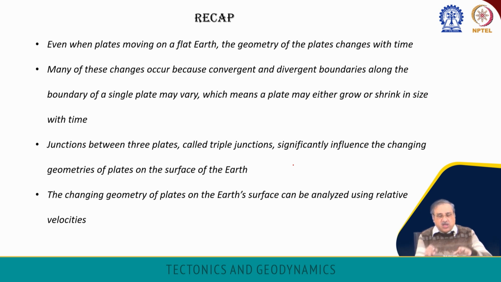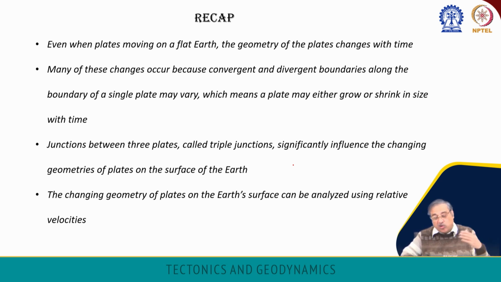It's because plate boundaries may be convergent, may be divergent, may be strike slip, especially when the same plate has both convergent boundaries as well as divergent boundaries. And along the boundary of a single plate, if these proportions vary, and they will vary, and also the relative velocities across these boundaries may vary, because in most cases there will be different plates in contact with one single plate.